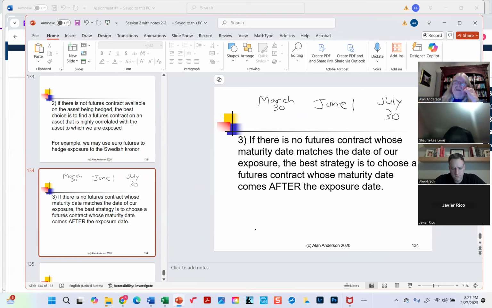Well, usually it's recommended that you choose the later one because if you don't, you'll have this gap where you're completely exposed to risk and you may have to start up a new contract whose value is unknown to us today. So normally it's recommended that you choose the later one because at least you'll know what to expect. If I have to start a new contract here, I won't know in advance how much I have to pay for it.